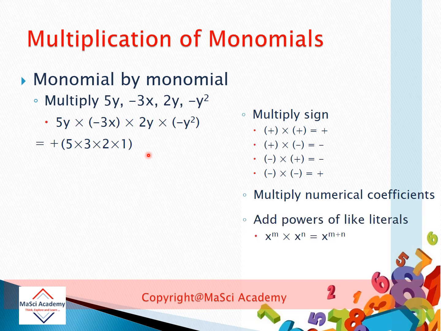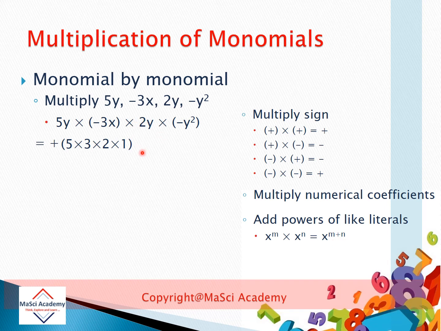The next step is to add the powers of the like literals. For example, x to the power m when multiplied by x to the power n. With the same base and different exponents, when they are multiplied together, the product has the same base and the exponents are added.